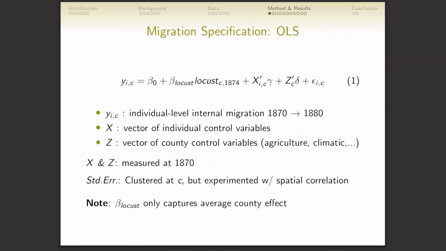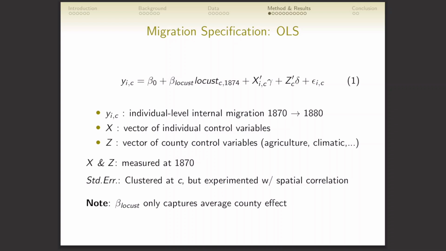Okay, so let me talk about regression. We just start off, first of all, with an OLS, and then I'll talk about the instrument. So a linear probability model. Our dependent variable is whether an individual migrated between 1870 and 1880. So of course, we're a few years before the plague and a few years after, so we're not going to know about return migration in that regard. We're going to have some people that migrated maybe before the Rocky Mountain plague, right?